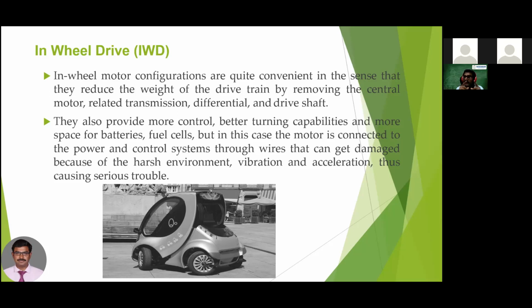But this system is quite convenient for parking and all, very easy actually, this kind of vehicle. So people are going for this in-wheel drive system. But the power line wires connected to the motor will be a trouble, a safety issue. If you solve that, this in-wheel drive system is better than the all-wheel drive system.